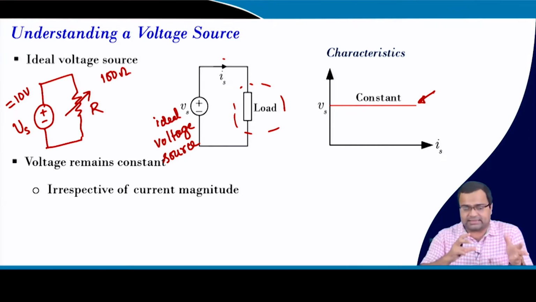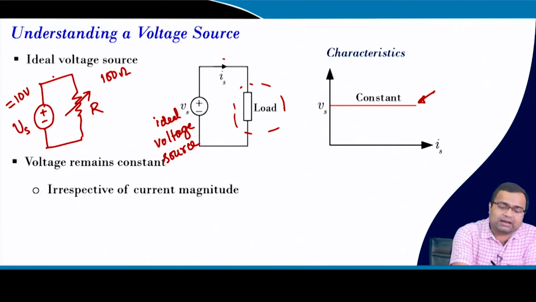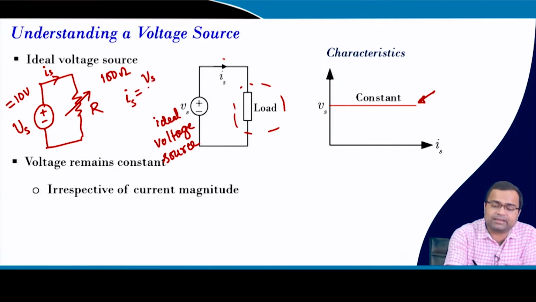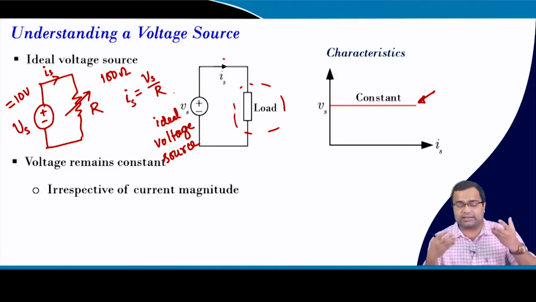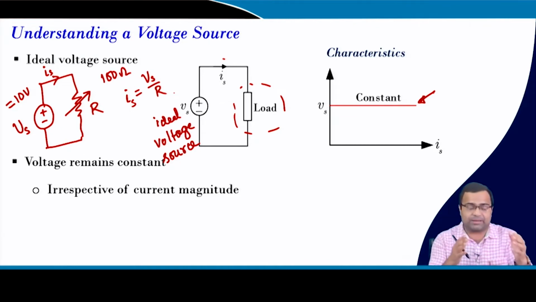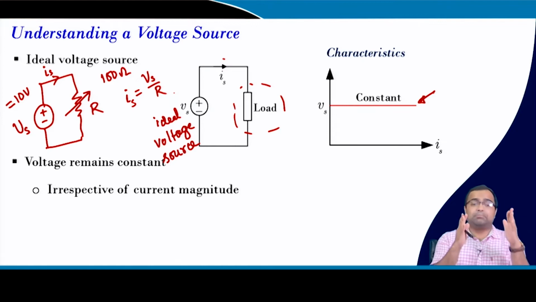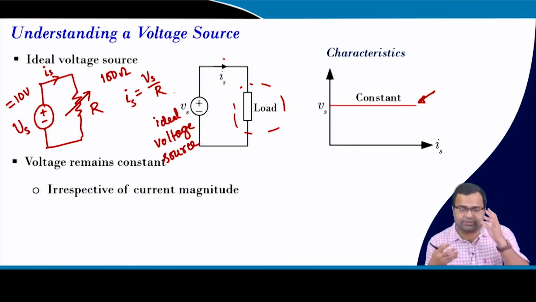If you decrease the resistance value, what is the current flowing through this resistance? The current will simply be Vs by R. That means if we reduce the value of the resistance, the current will increase. But we need to keep in mind that the resistance power rating should be such that it can withstand the heat generated, because the I squared R loss will lead to a heating effect; it comes from Joule's law.